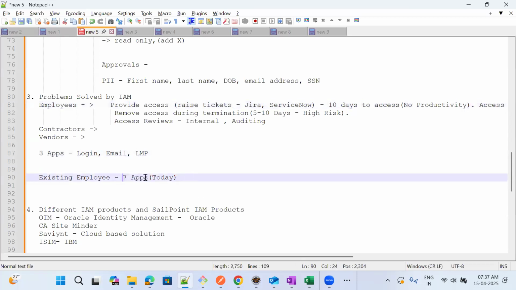But let's say you don't remove access for an employee who already left the organization. Once the employee's last working day is done, the employee no longer has any association with the organization. But if the user still has access, he can steal the data, he can steal the digital assets.